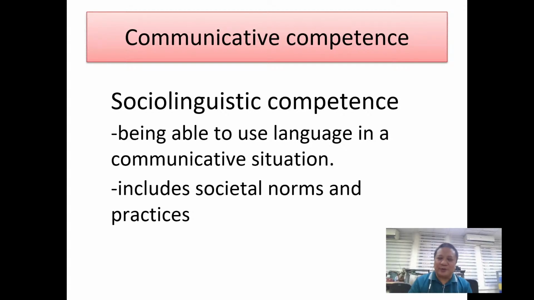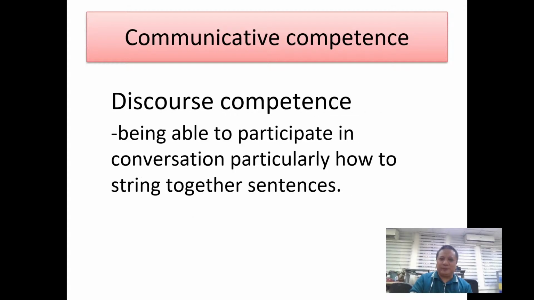Imagine I was 10 years old, so I was a little confused by a much older person than me talking to me with po and opo. So you cannot use definitely po and opo with a much younger person. Okay, so that's sociolinguistic competence. Sociolinguistic competence means being able to talk according to accepted ways in the culture.